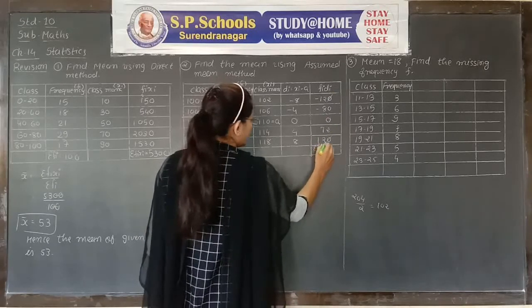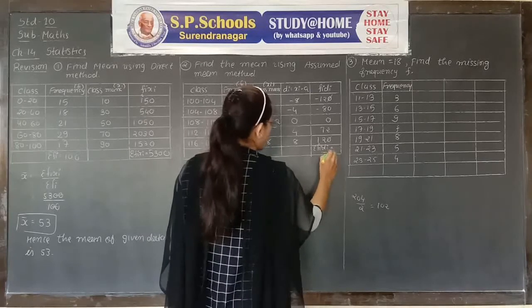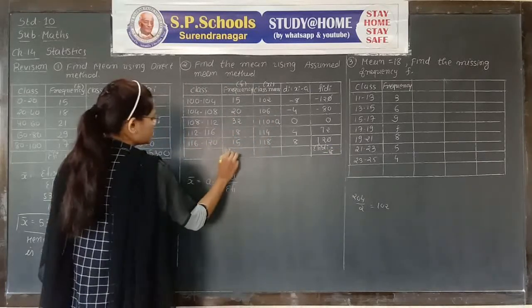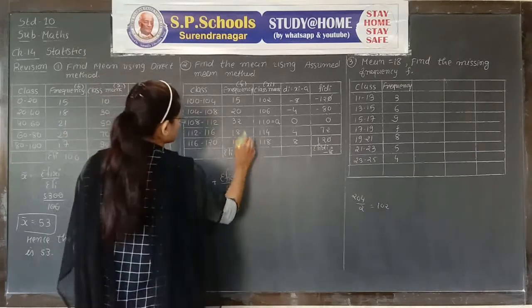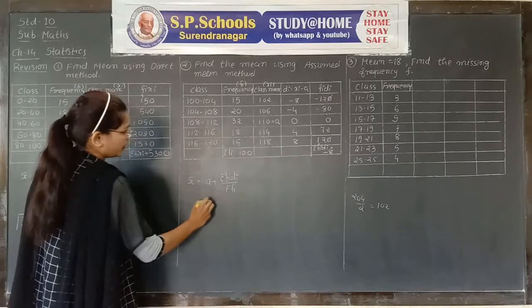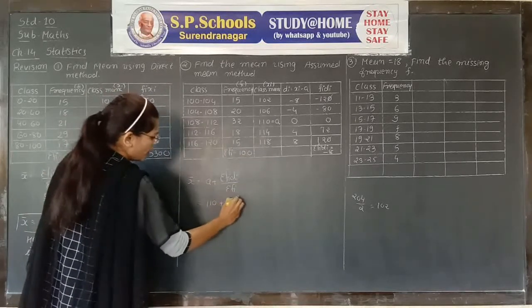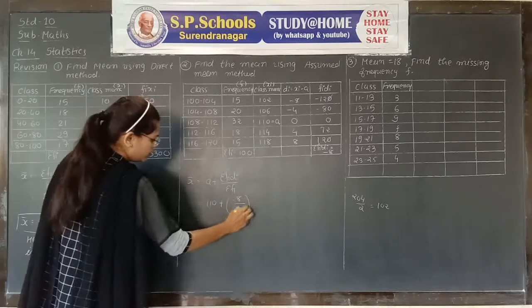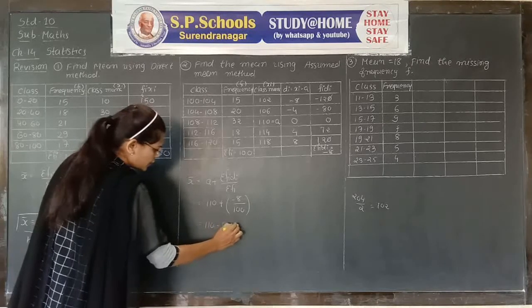Sigma fi di we obtain: minus 80 plus 72 minus 8, and here is sigma fi, 100. a is equal to 110, where sigma fi di is minus 8 upon 100. 110 as it is, minus 0.08.